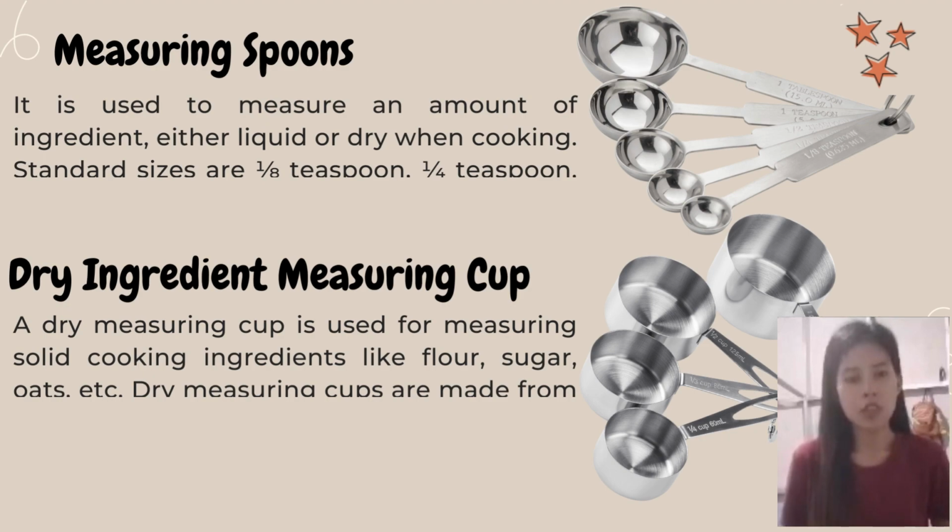So next is the dry ingredient measuring cup. What is a dry ingredient measuring cup? According to the definition, it is a dry measuring cup that is used to measure solid cooking ingredients, like flour, sugar, oats, etc. Dry measuring cups are made from plastic or metal, and the sets usually have scale markings like 1/4 cup, 1/2 cup, 1/3 cup, and 1 cup.